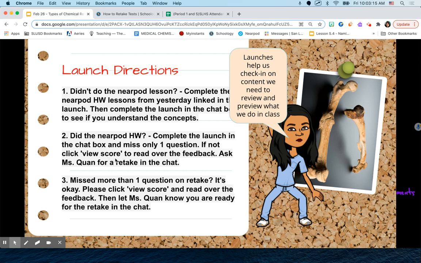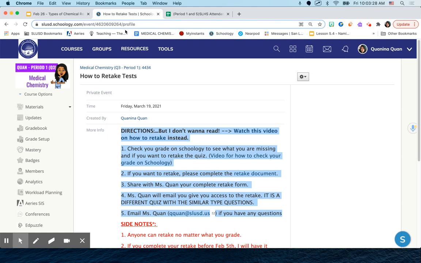For every question you get wrong, there should be a gray box with a link that will go over how to solve it. Then you can try the retake. Make sure you complete the Nearpod lessons first before you complete the launch, though. Otherwise, none of this will make sense.